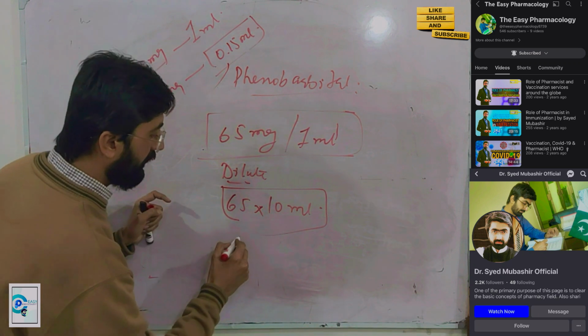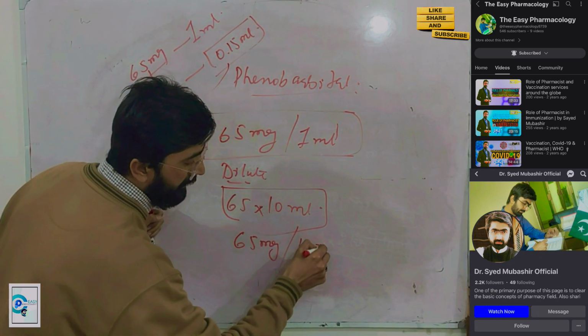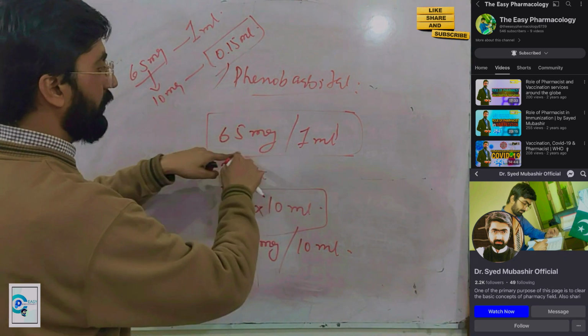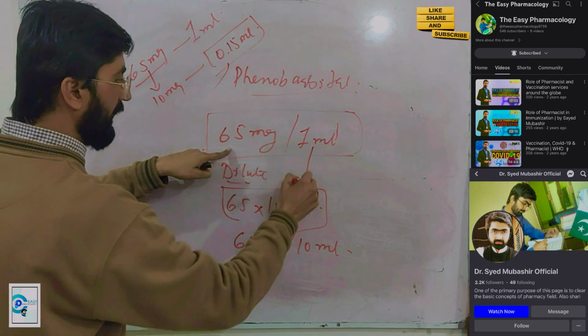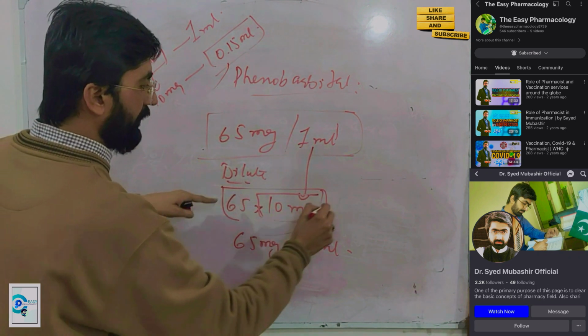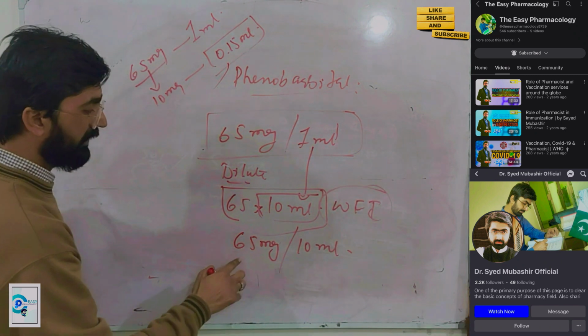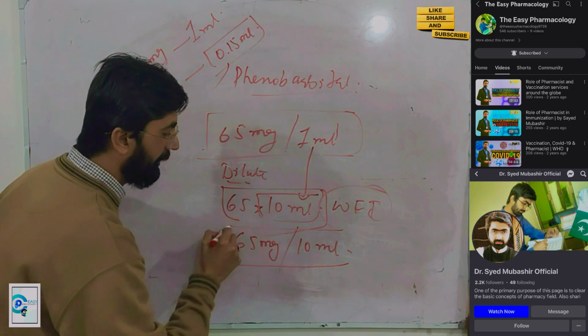So now 65 milligram is contained in a total of 10 ml of water for injection.